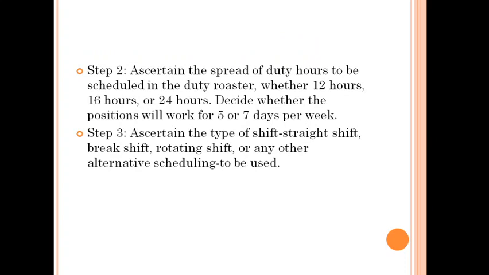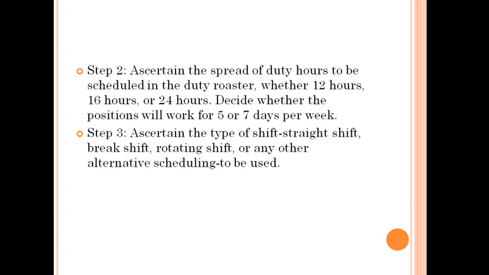In the second step, ascertain the spread of duty hours to be scheduled in the duty roster, whether 12 hours, 16 hours or 24 hours. Decide whether the position will work 5 or 7 days per week. So these are the points to be considered while making a duty roster. Step 3 is to ascertain the type of shift, straight shift, break shift, rotating shift or any other alternative scheduling to be used.